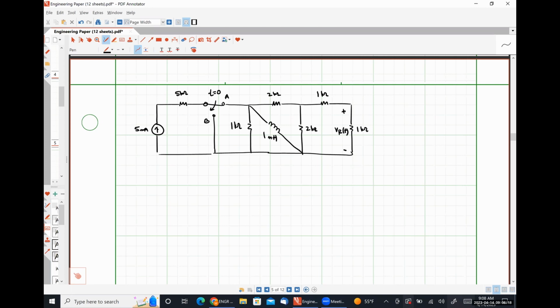So even if you're not explicitly asked for it, you are going to need to pay attention to what the energy storage element, if it's an inductor or a capacitor, it doesn't matter which, is doing at t is equal to 0 minus in order to solve what's going on at t is equal to 0 plus. Okay. I just want to be really clear about that. I have recorded myself saying.